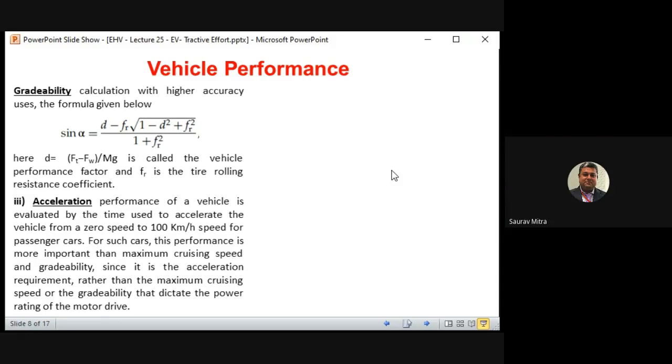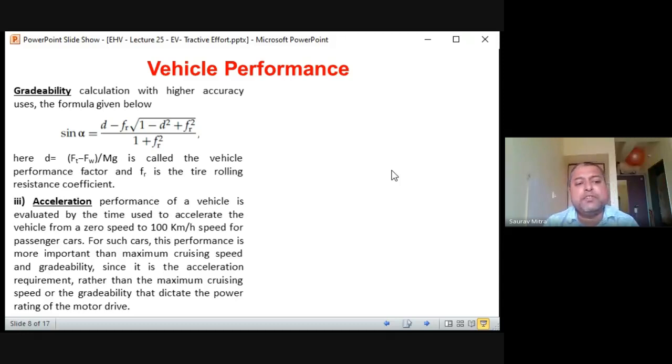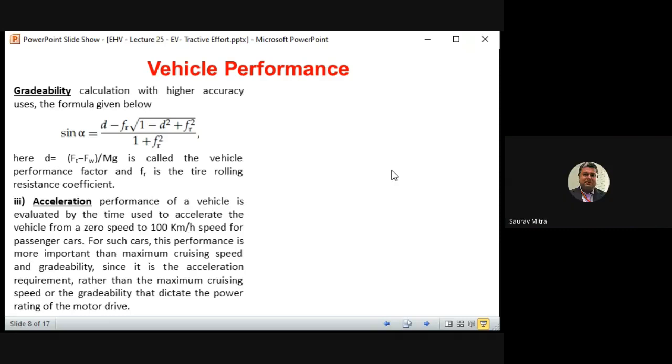For passenger cars, this performance is more important than maximum cruising speed and gradability. Whenever I say passenger cars, they don't run at 300 or 400 kilometer per hour. They run at a maximum of 120 or 130 kilometer per hour, we know that.